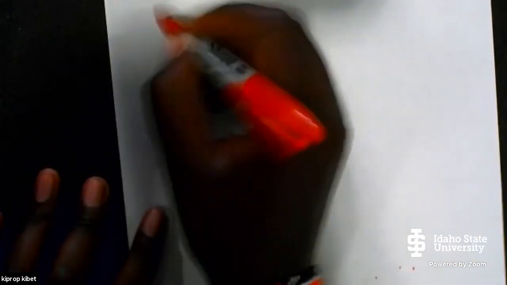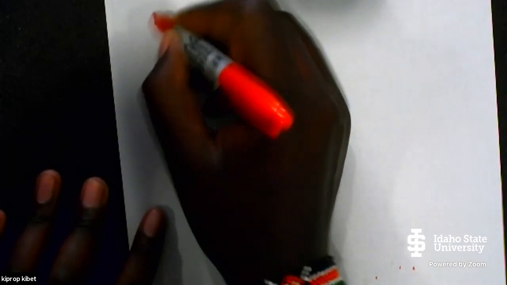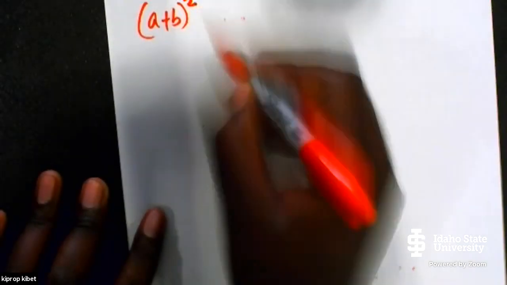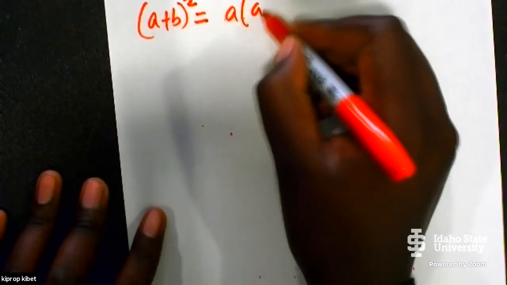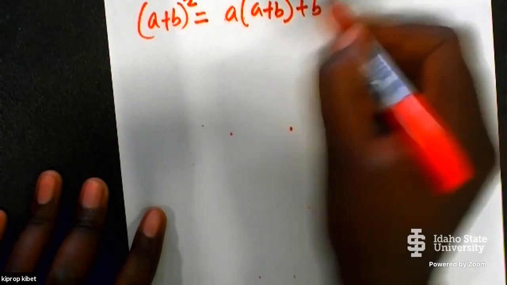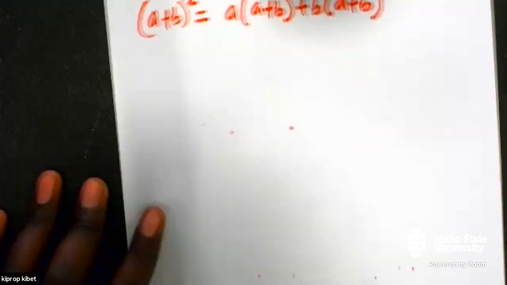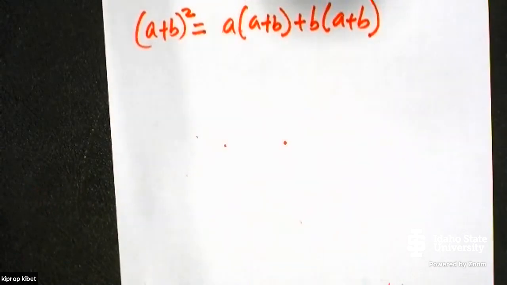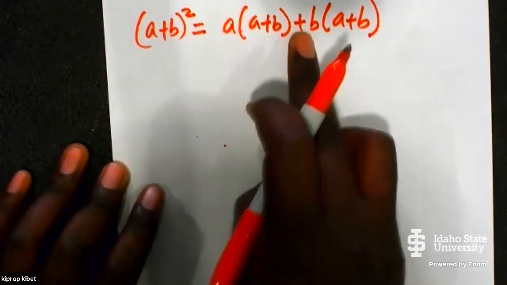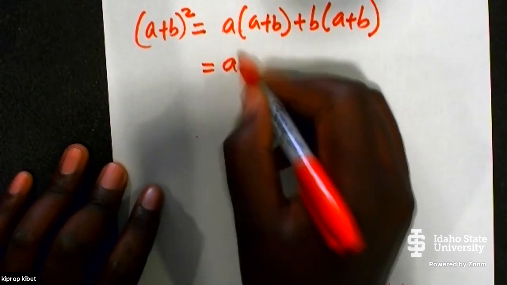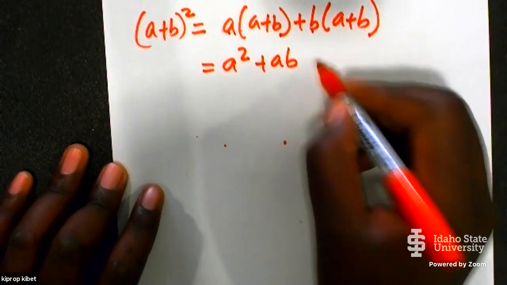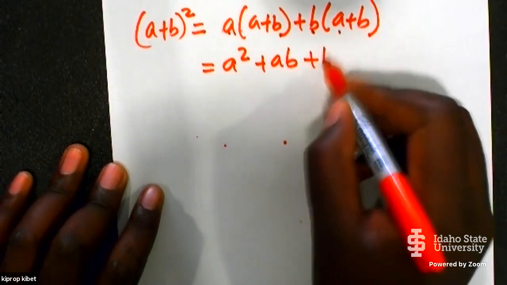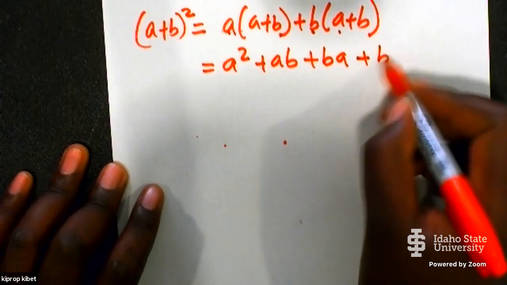So if we come back to that, I've said the perfect squares are (a plus b) squared. When you expand this, it is (a plus b)(a plus b). If you open these brackets, it will be a squared, plus ab, plus ba, plus b squared.